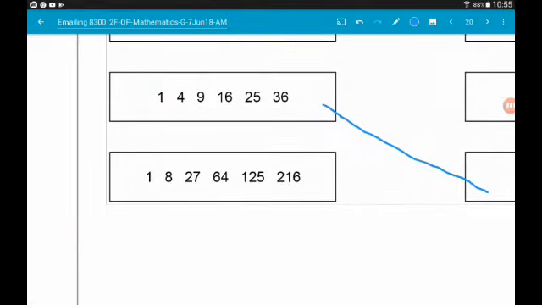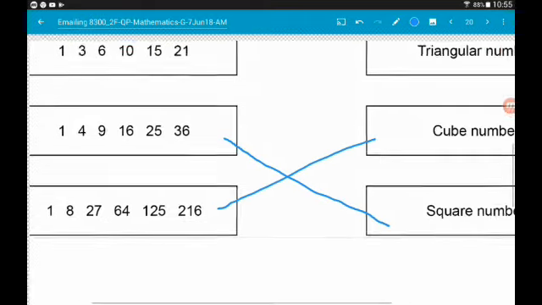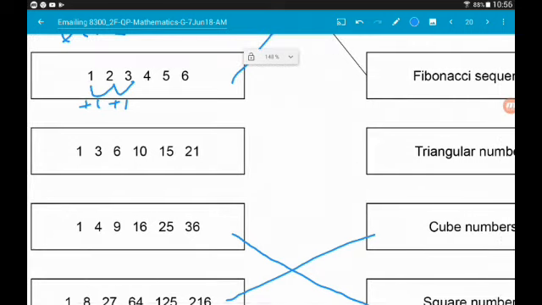And then the very bottom one, 1, 8, 27, etc. These guys are our cube numbers. 1 times 1 times 1 is 1, 2 times 2 times 2 is 8, 3 times 3 times 3 is 27, etc. So those are our cubes, which means this guy up here is our triangular numbers.